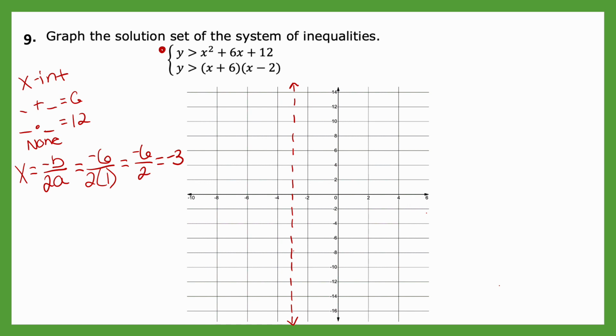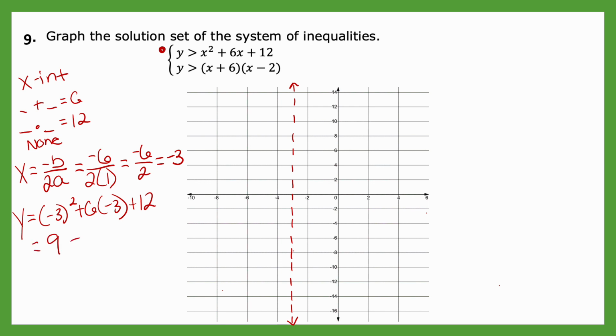Now to figure out the y coordinate of that spot, we're going to take negative 3 and plug it back into that function. So it was x squared, so we're now going to have negative 3 squared plus 6 times negative 3, and then plus 12.